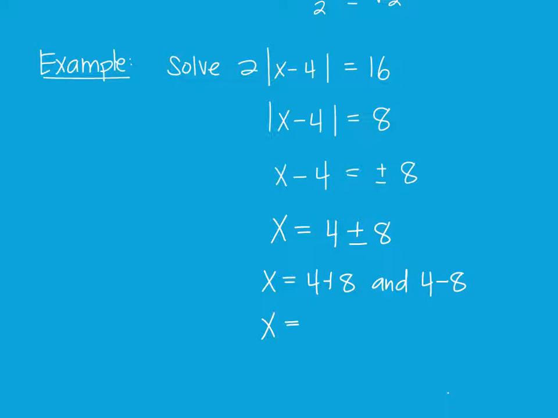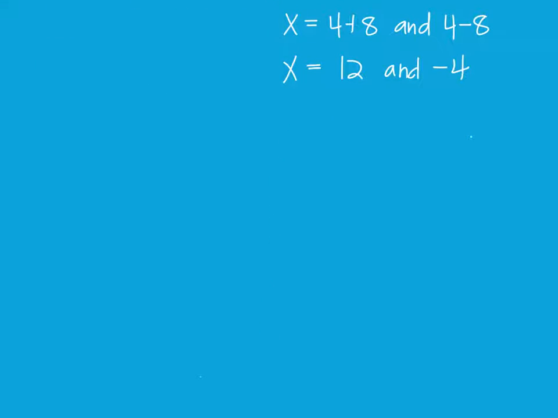So my two answers are x equals 12 and negative 4. Okay, but if you forget the plus minus, you've forgotten half of the answers, and so then you'll only get half credit. Okay, that plus minus. So in front of every radical and in place of every absolute value. Okay, let's try another one.